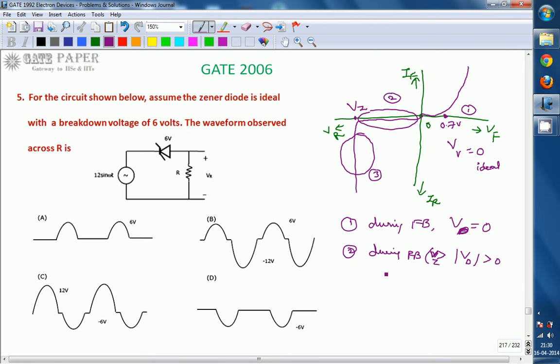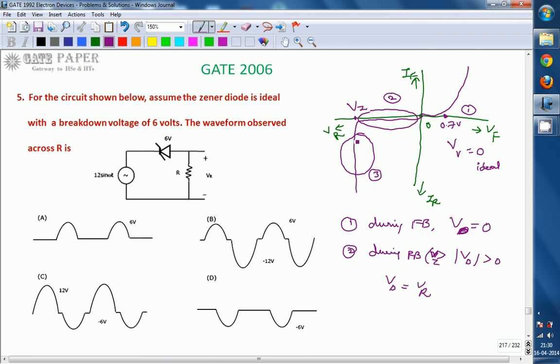By that time Vd is equal to Vr. Whatever reverse voltage you are applying, that will be taken by the Zener diode itself. The entire applied voltage under reverse bias is taken by the Zener diode, where approximately no current flows.